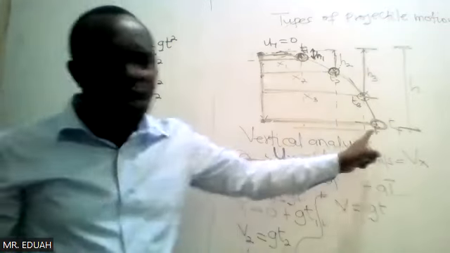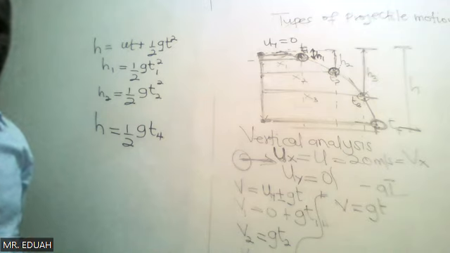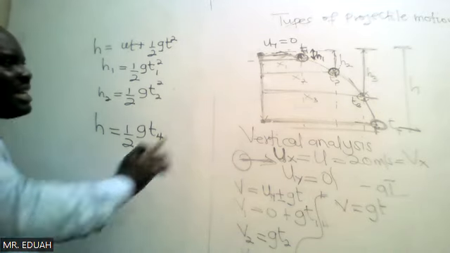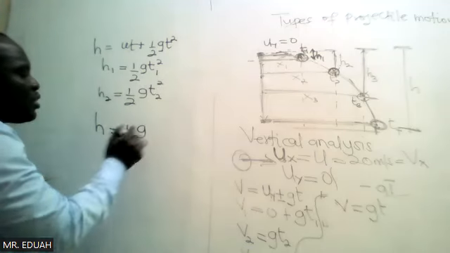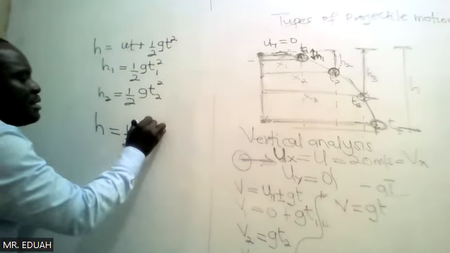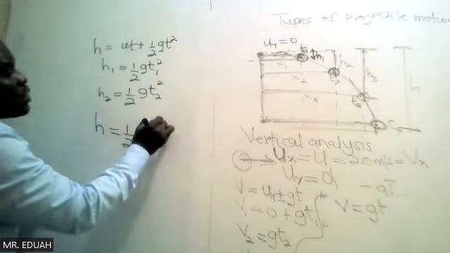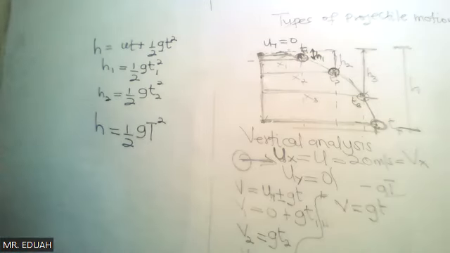And what name did we give to t4? Time of flight. So it means that the maximum vertical displacement H is equal to half g times the square of the time of flight.